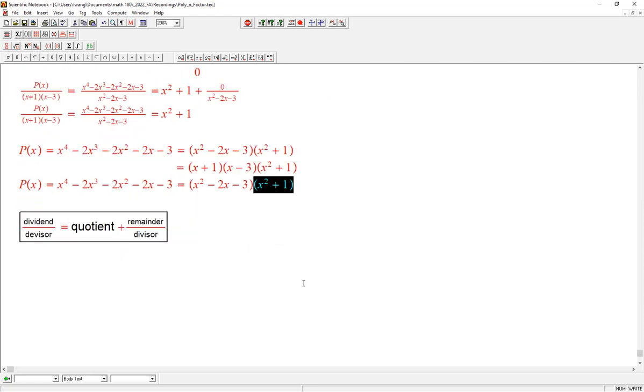So next, I'd like to introduce to you the fundamental theorem of algebra. Here we have a couple of conclusions. Of course, we're not going to prove it, and we're going to enjoy the conclusion. We're going to come back to this example to see what it will look like.